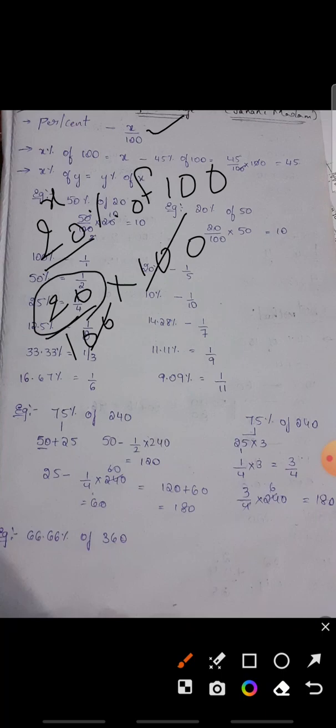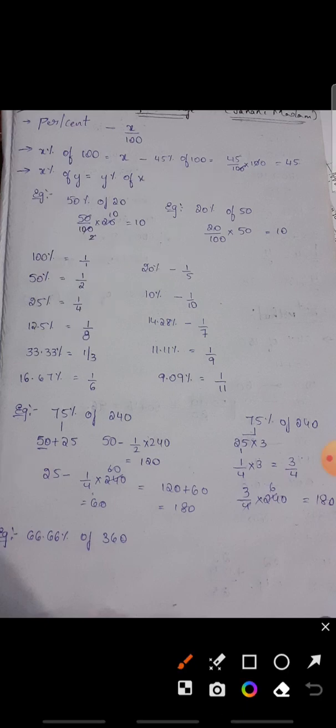Now here x will be the 100, and the answer will also be the 20. That means it is also x. So hence it's proved that x percent of 100 is equal to x. In this example, 45% of 100, that means 45 by 100 into 100, the 100 gets cancelled, and the answer will be 45.